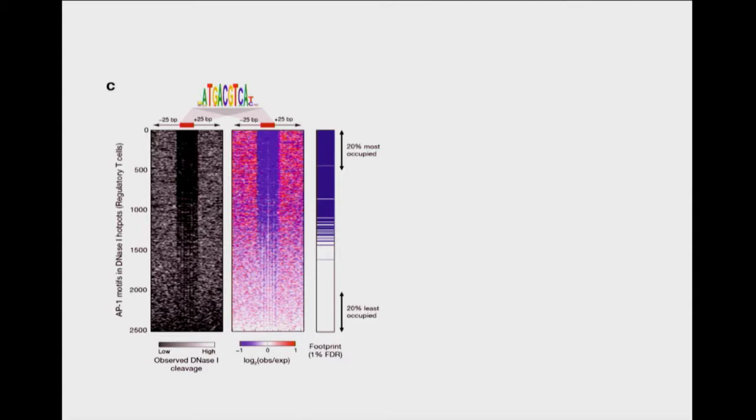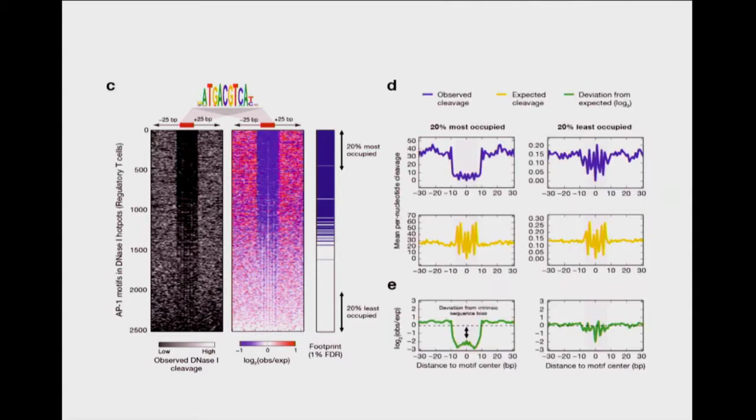And then what you can do is say, well, gee, what if I just took all of these guys up here, the 20% most occupied, and I looked at the aggregated cleavage rates around the motif. So the motif here is in the middle in this gray zone. And you can see, it goes down like that. And then I can look at the intrinsic cleavages, which look like that. And then you basically take the deviation from intrinsic, and you can see that, gee, yes, of course it's suppressed.